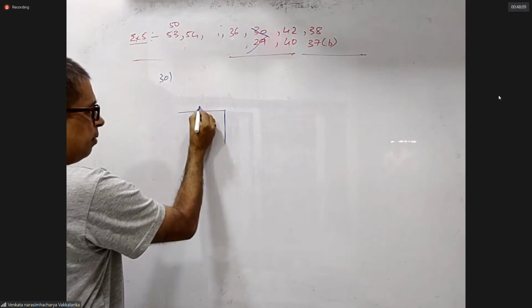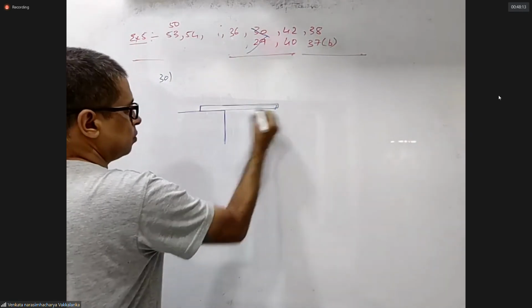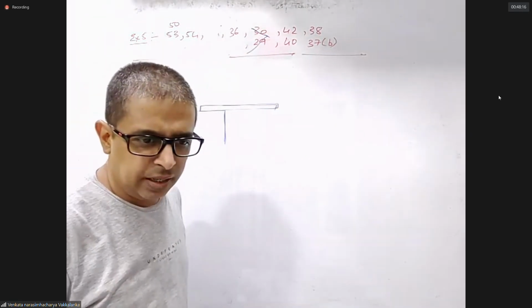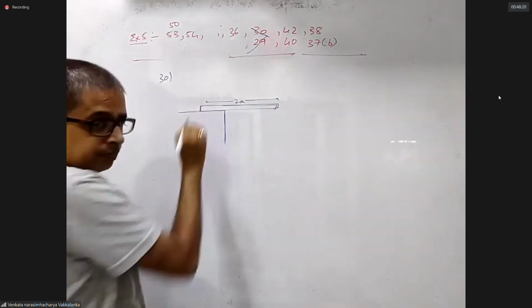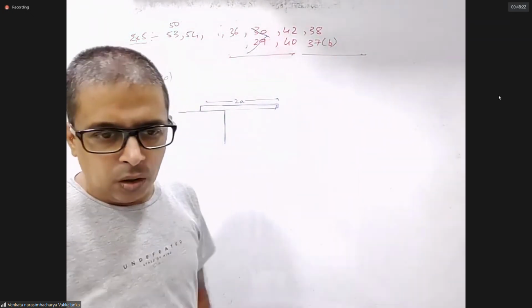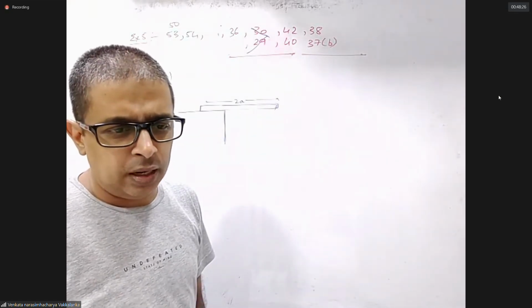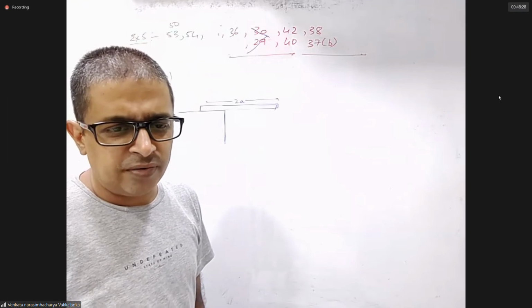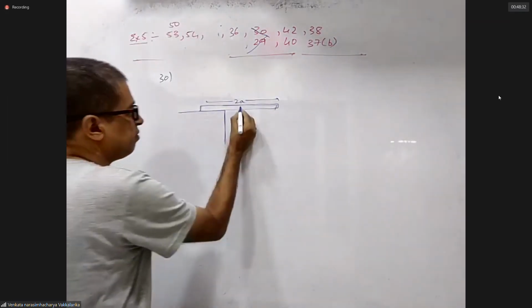A rod is kept this way, such that the length of the rod is 2a, horizontally on a fixed thin horizontal rail at right angles to the rail, and is released from rest. Initially, the center of the rod is at a distance of a by 3 from the rail.